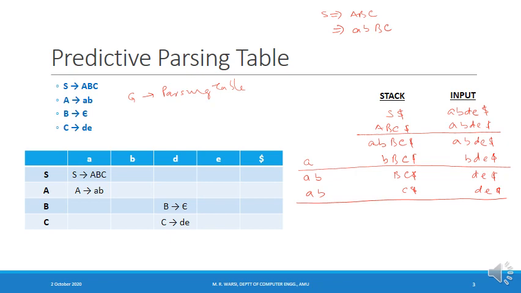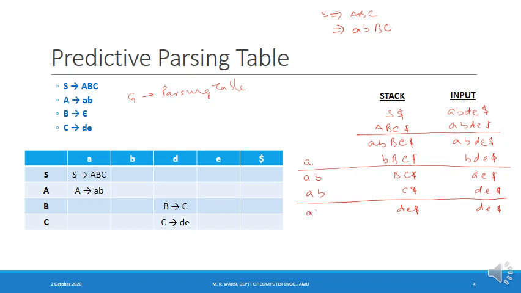Now the topmost stack alphabet is capital C, which is a variable, and the next input symbol is small d. I consult the parsing table for the entry C comma small d. C comma small d is holding this production, so capital C is to be expanded using this production. So I expand capital C using this production, and the buffer holds DE dollar.